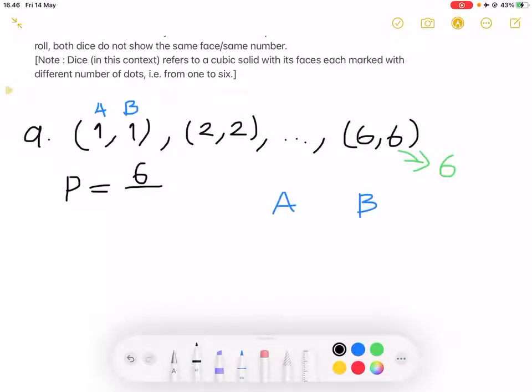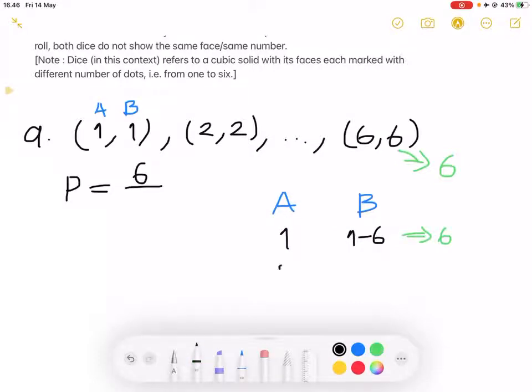So to find all combinations, let's just suppose that dice A shows a number of 1. Now since we are finding all possible combinations, we can set dice B to show any number from 1 to 6. So from our first row, we have 6 combinations.